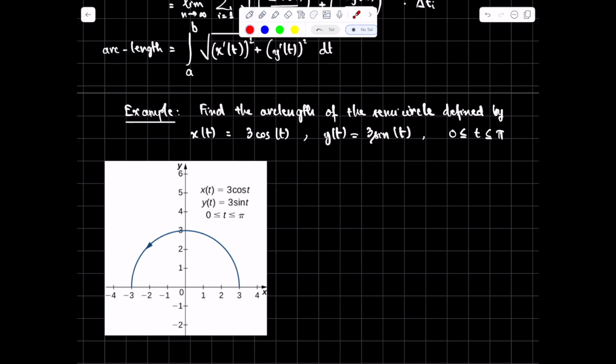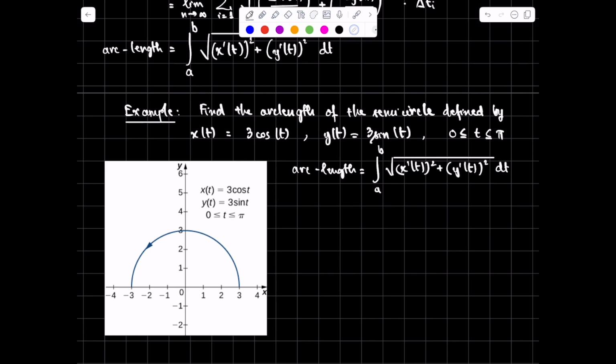So here the arc length is calculated using the formula: the integral from a to b of the square root of x prime of t squared plus y prime of t squared dt.